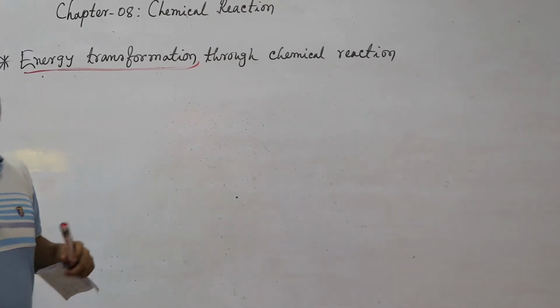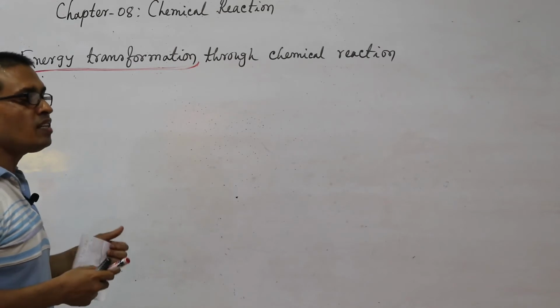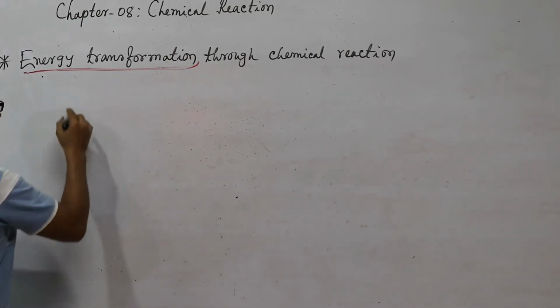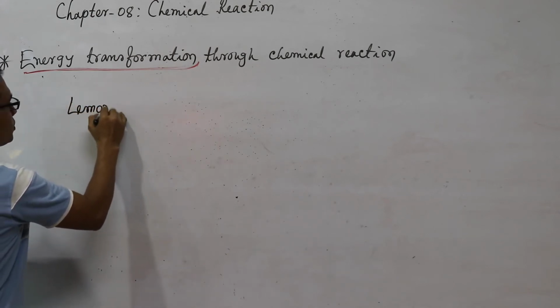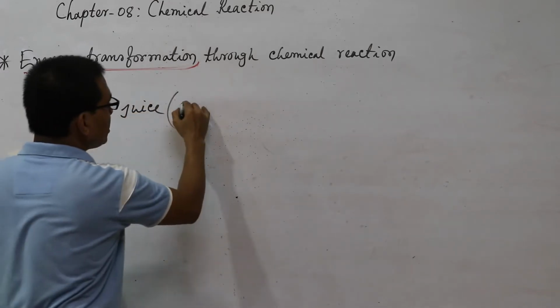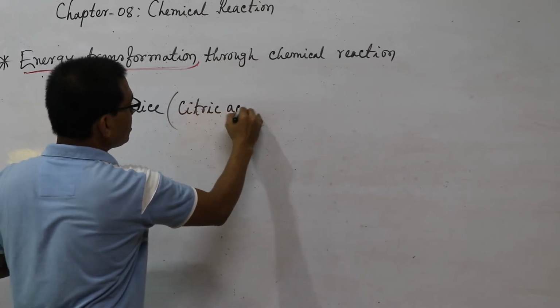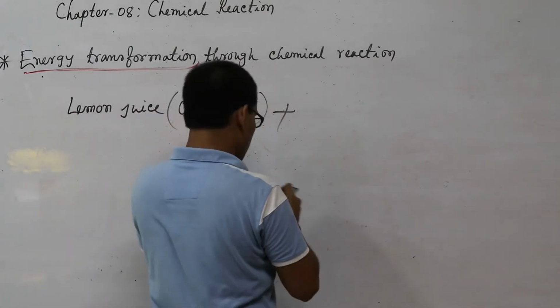Now lemon. We eat lemon regularly. Lemon contains citric acid. Now take a test tube and take some lemon juice, which is citric acid. Add some baking powder.